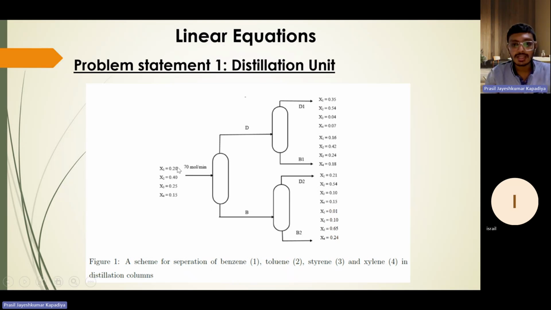Here we can see that the feed flow rate is 70 moles per minute and x1, x2, x3 and x4 are given. From this first distillation column, distillate is being sent to this and bottoms is being sent to this, and from these 2 and 2, a total of 4 individual products are obtained.